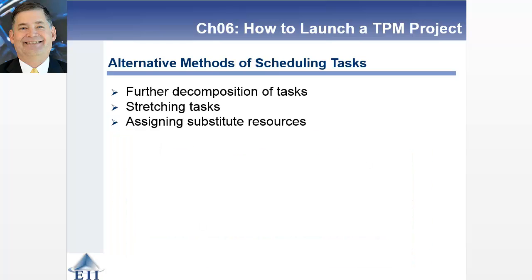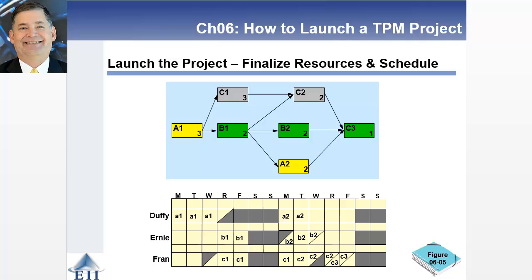Here are some alternative methods. You can decompose tasks smaller, and then that may allow you to do some things concurrently or put different people on different tasks. You can stretch tasks out, or you can bring in substitute resources or assign new resources to a particular project.